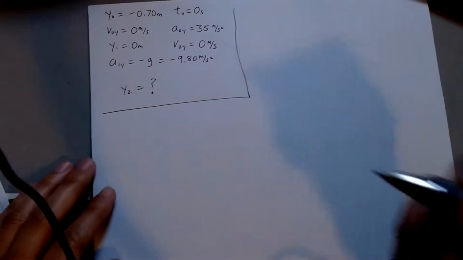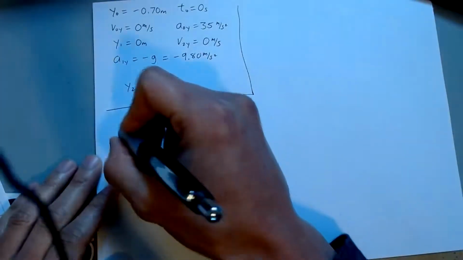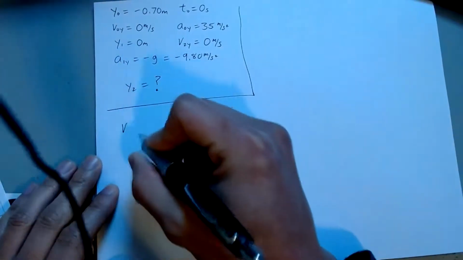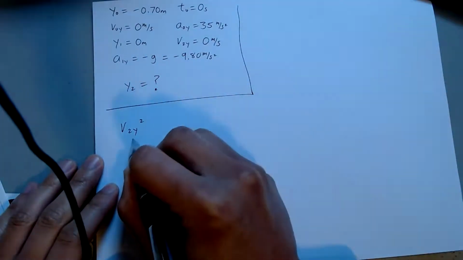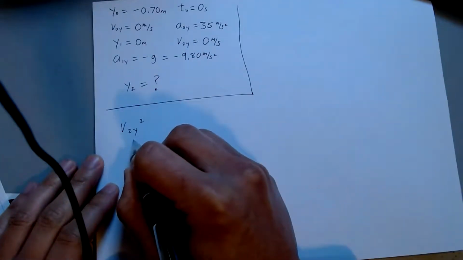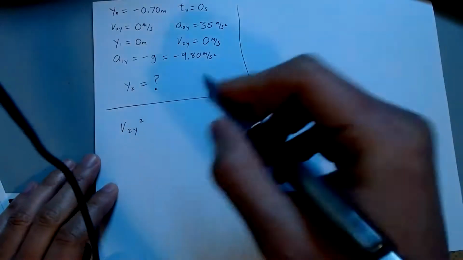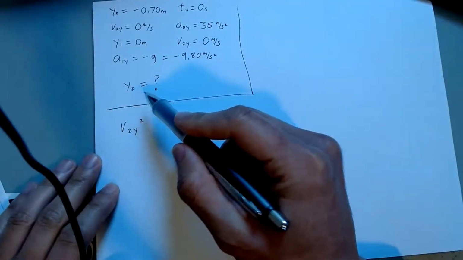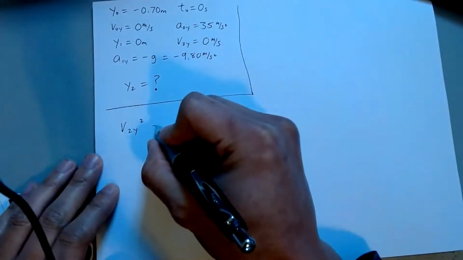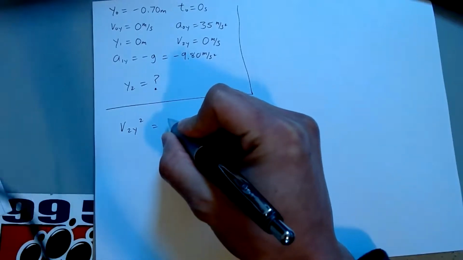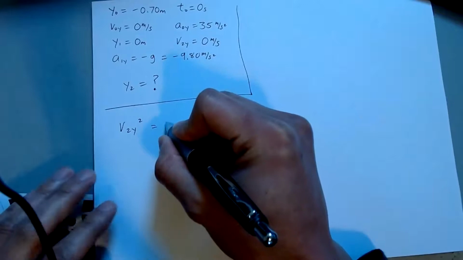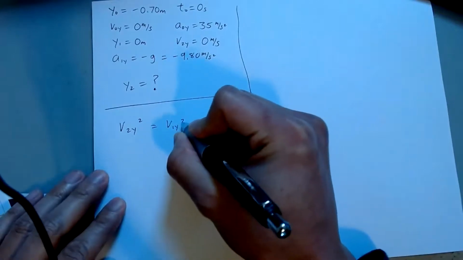The best one I could think of, and seems like the only one that is available in this case, is this one right here. And I'm going to use the appropriate subscripts to determine what I need to find. So it looks like I want to find Y2. I'm going to write down the equation for the second part of the problem, and that is when the antelope is already leaving the ground and is about to reach his final height.